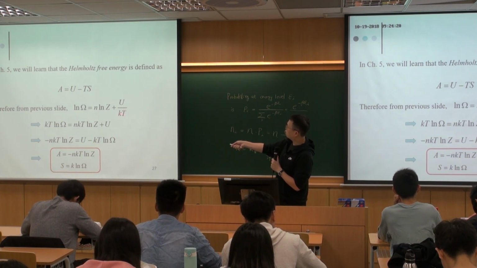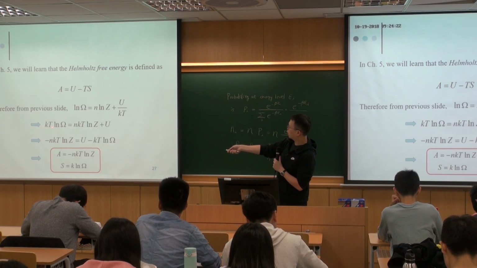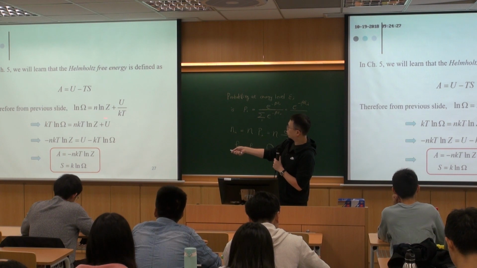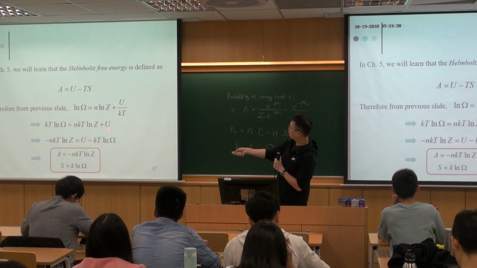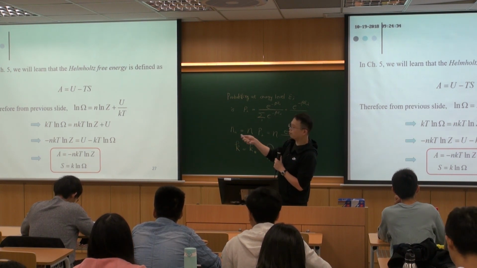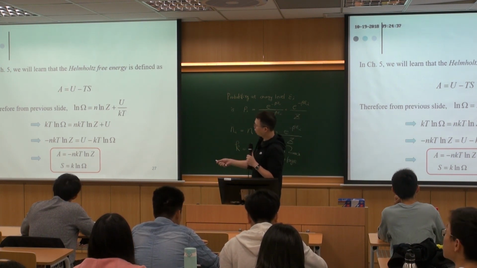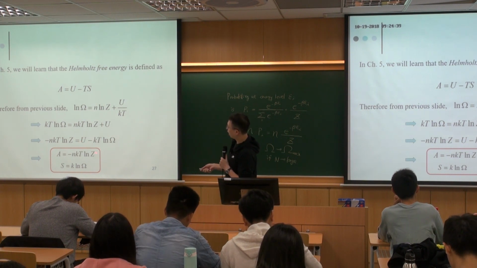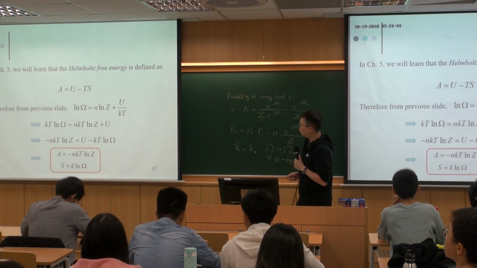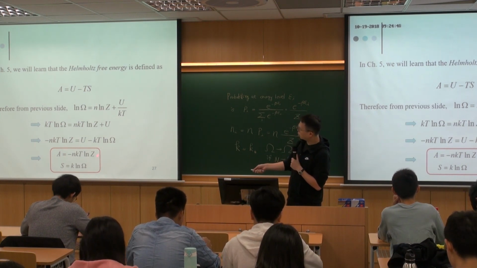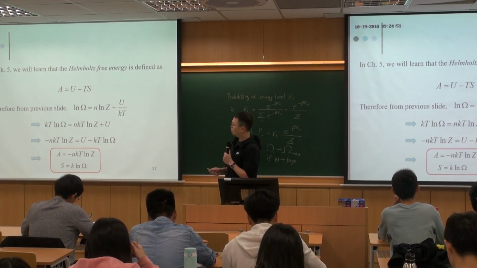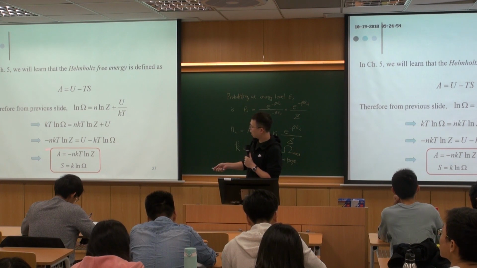If you multiply kBT on both sides, you'll see something like this. And you'll immediately see that this is related to the definition of Helmholtz free energy. So if you move terms around, it turns out that the Helmholtz free energy has a very simple form. It is directly related to log z. So once you have the partition function, then you can calculate Helmholtz free energy.